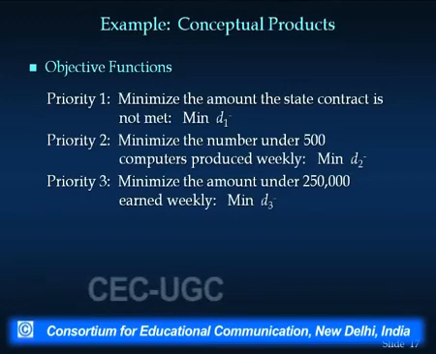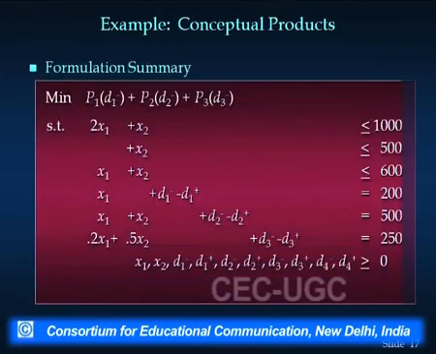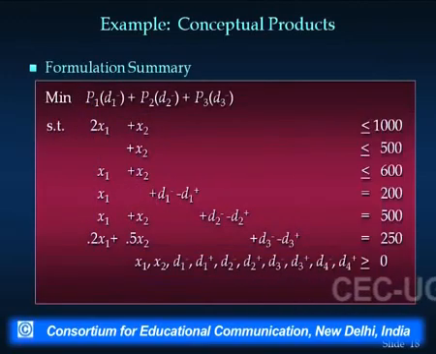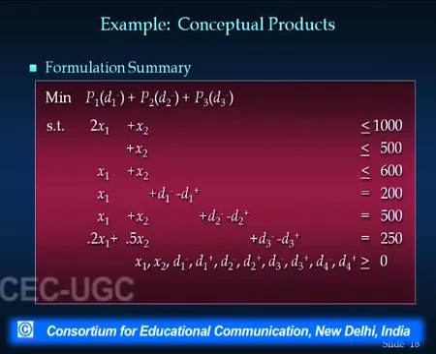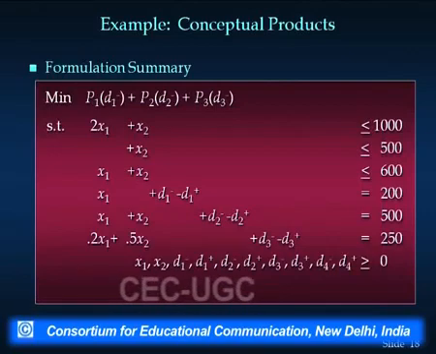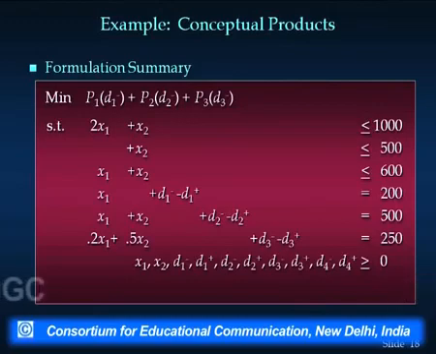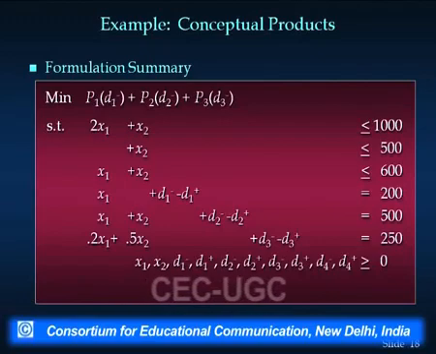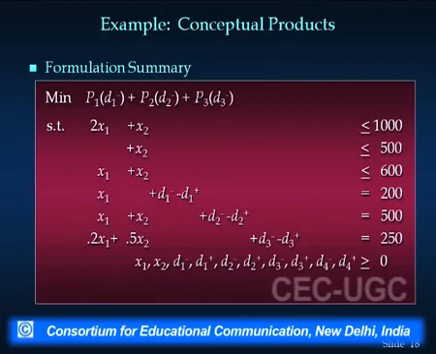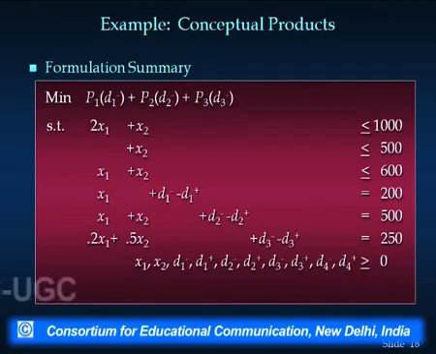Now we will formulate the problem as a goal programming problem. And formulation of the problem. So the first objective function is minimize P1 D1 minus plus P2 D2 minus plus P3 D3 minus, and all these are deviations, and these deviations from our requirement we want to minimize.